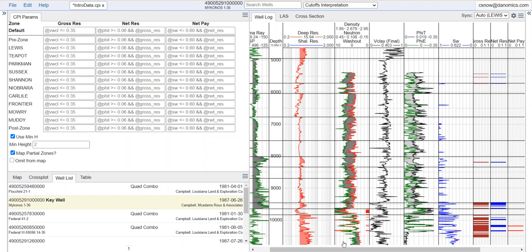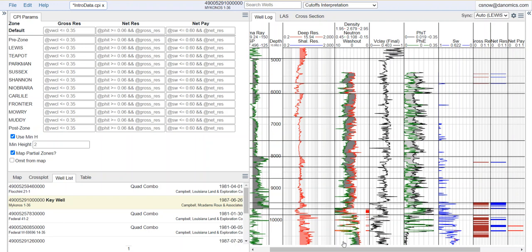And generally we do this in three ways. We flag gross reservoir, net reservoir, and net pay. And the idea behind this is that with gross reservoir, we want to flag reservoir intervals or packages based on just their appearance in terms of things like sand, shale.